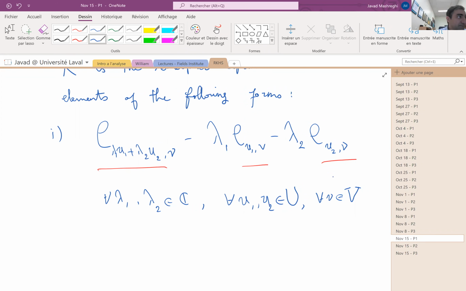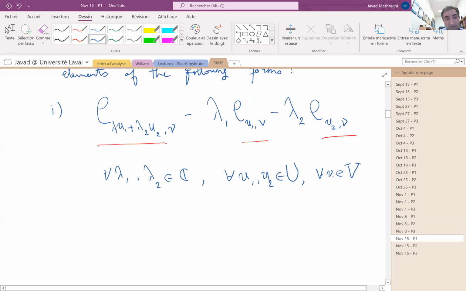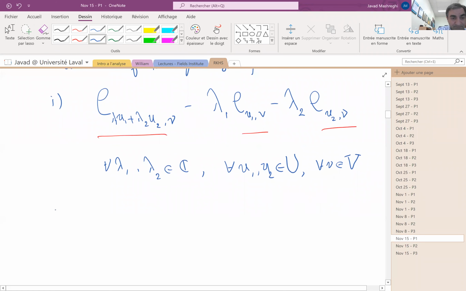And the second one is the same on the other component. E U, lambda 1 V1 plus lambda 2 V2, minus lambda 1 E U V1, minus lambda 2 E U V2.